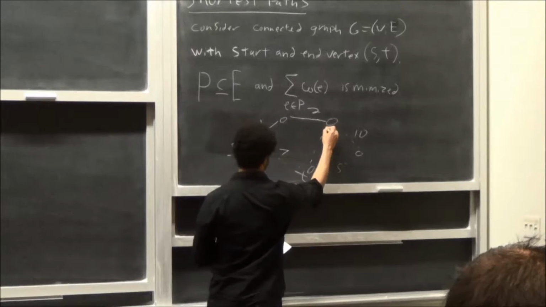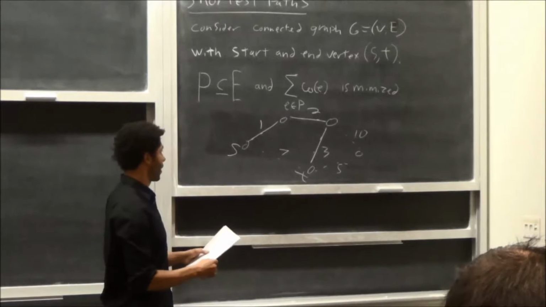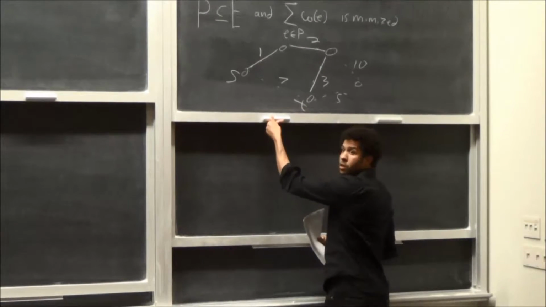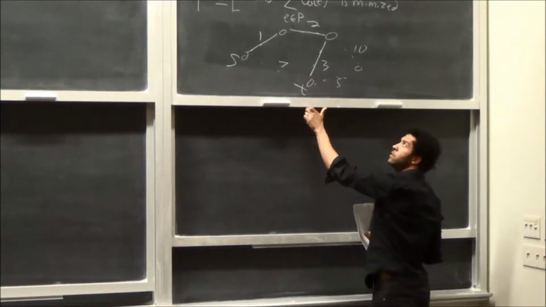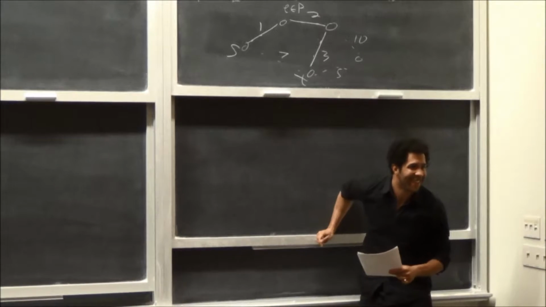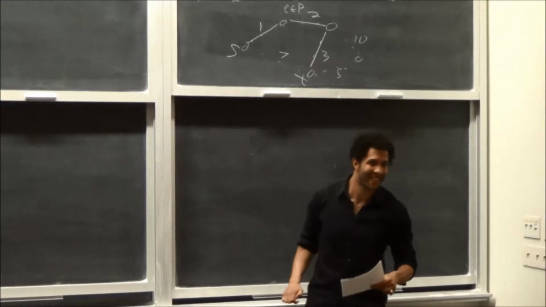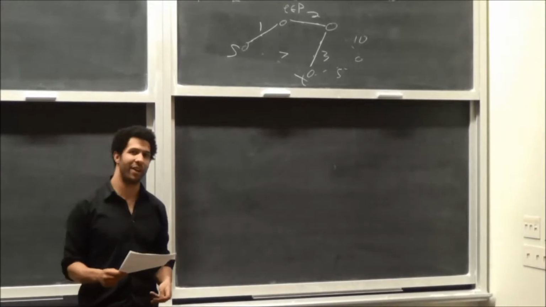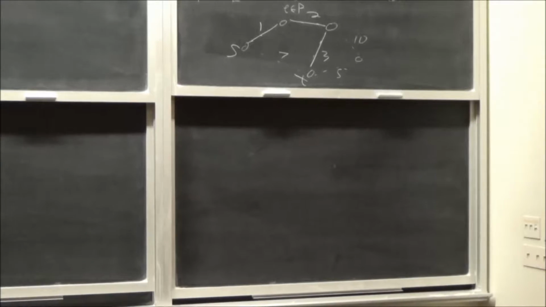So the question is, how do we find that? Does anybody have a suggestion of an algorithm? Combine search, uniform cost search. There's a bunch. There are so many approaches.